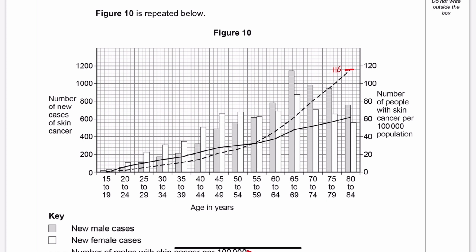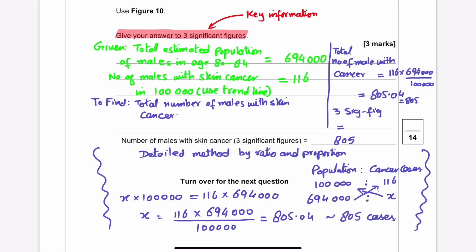So we can use the ratio and proportion method, which becomes very easy for the student to find the number of cases among the population of 694,000. Let's see the model answer. The total population is given, that is 694,000. From the graph, we found that there are 116 cases among 100,000.